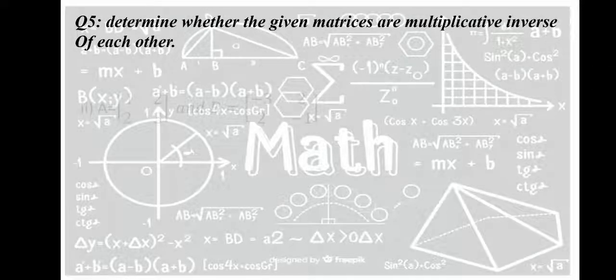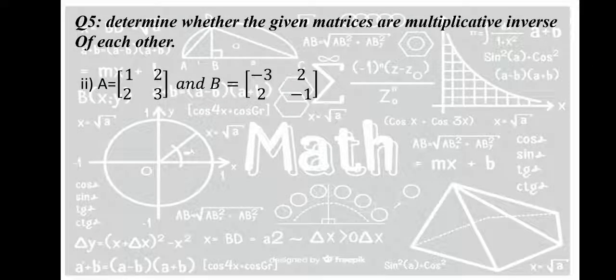Question number 5, second part. A matrix is 1 2 in the first row, 2 3 in the second row, and -3 2 in the first row of B matrix, and 2 and -1 in the second row of B matrix. So finding out the product AB, 1 2 2 3 and -3 2 2 -1 will be multiplied with each other.